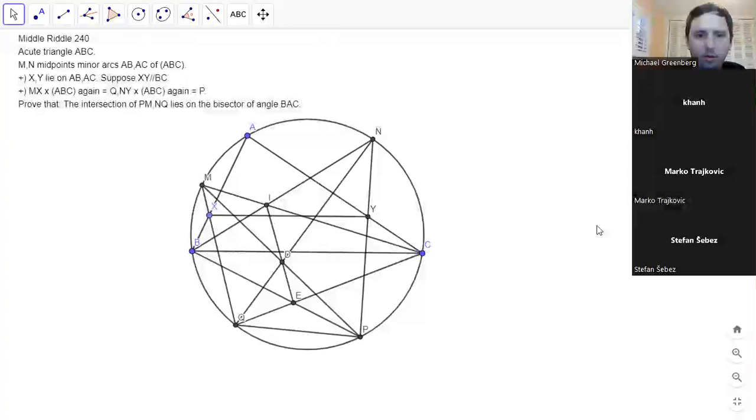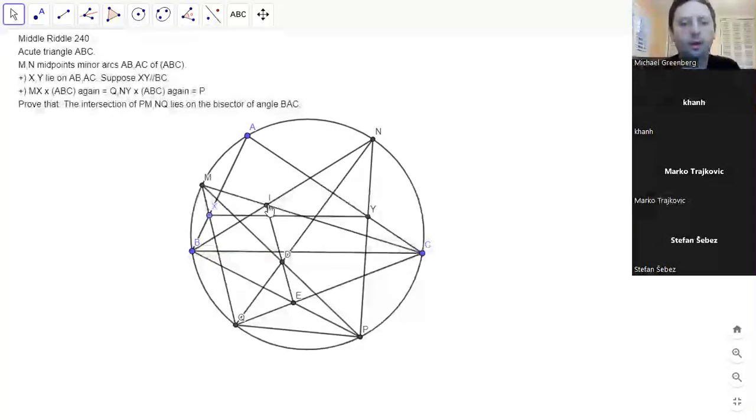Can we just use the trigonometric form of Ceva to prove it? That AI is perpendicular to MN. No, I mean, we can prove that AI and E are collinear by proving that AI, BE, and CE are concurrent.